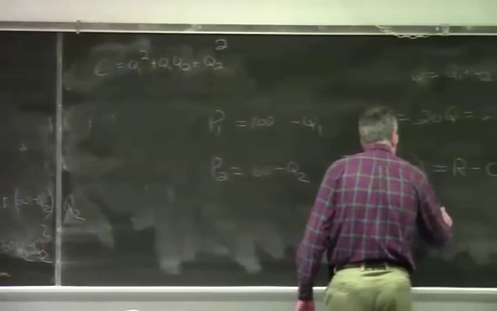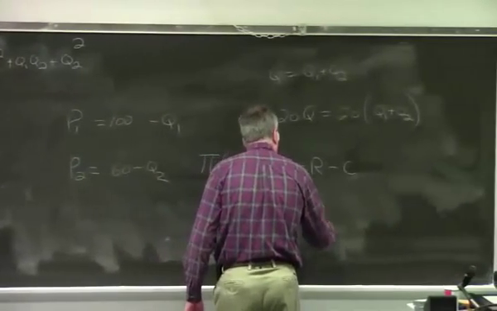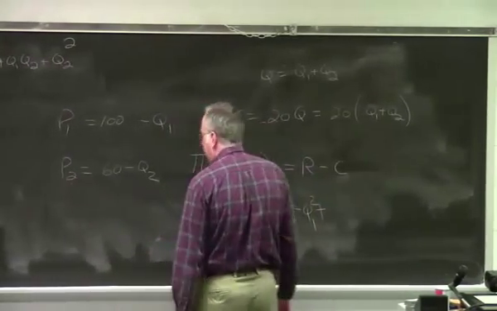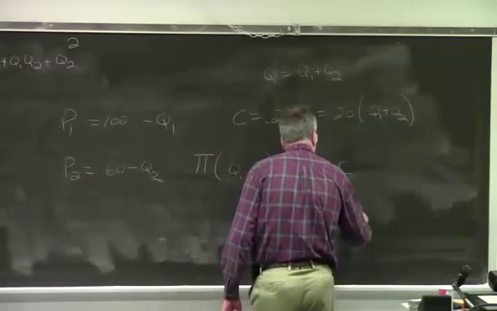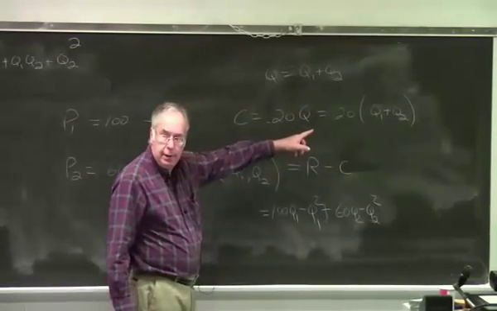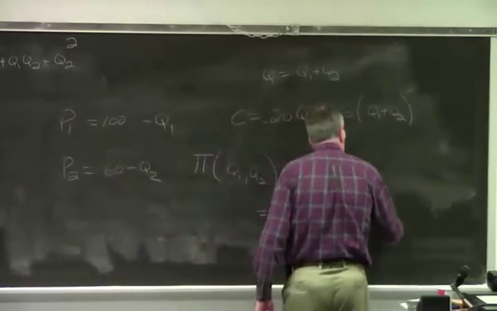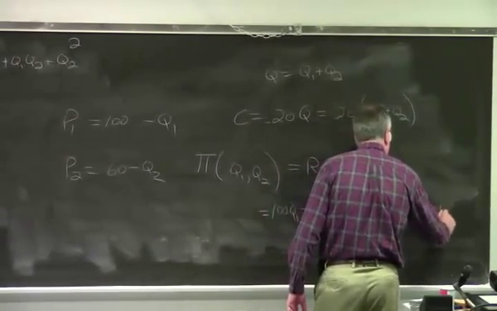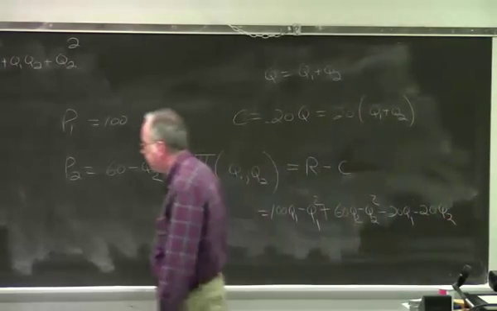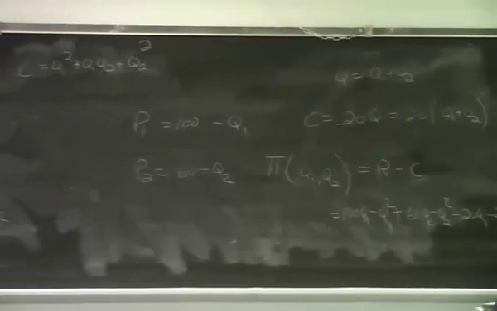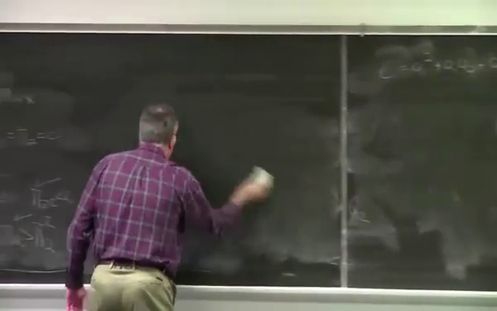So our profit function is just going to be 100 Q1 minus Q1 squared plus 60 Q2 minus Q2 squared minus costs. So it's going to be minus 20 Q1 minus 20 Q2. Okay. So we can simplify this profit function just a little bit and write it as this.